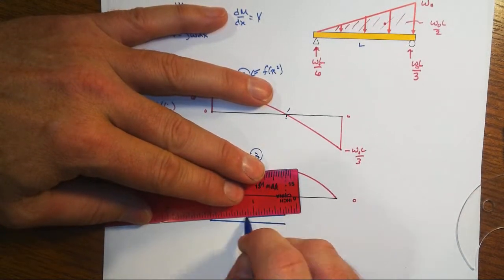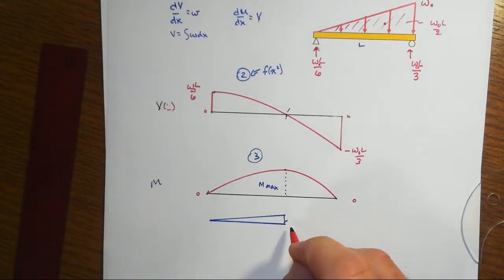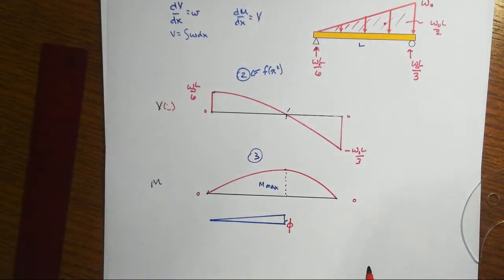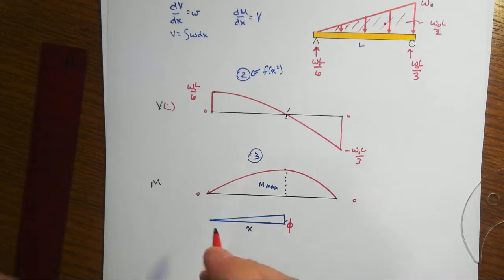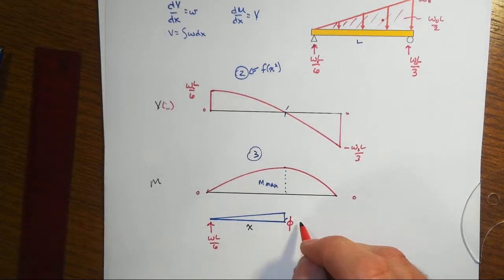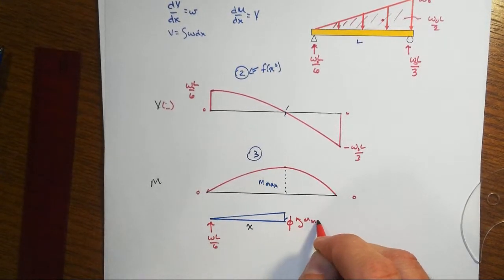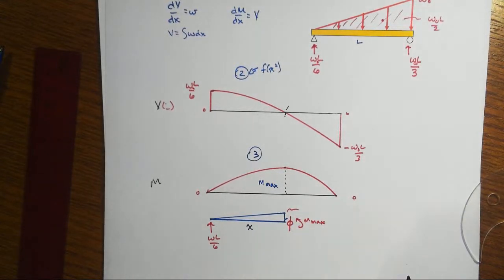We've got a triangular load on the system. We have zero shear by definition at the location where we have the max moment, so we need to find out what that x value is. Reaction at the left is WL over 6. The moment, of course, is our max moment, and we need to find out what that peak is.